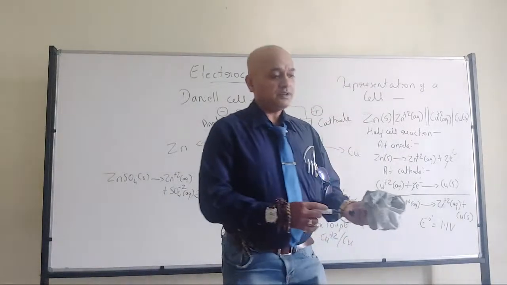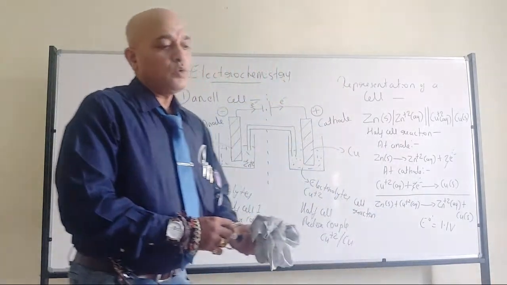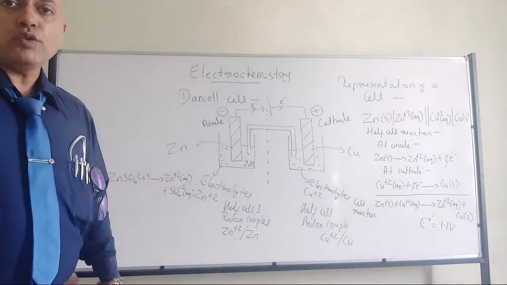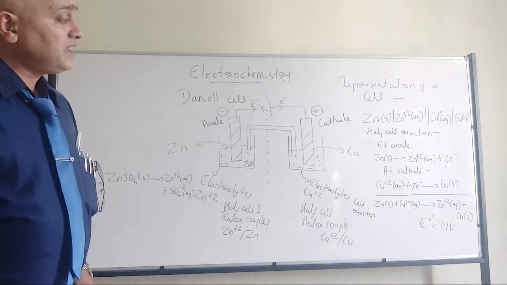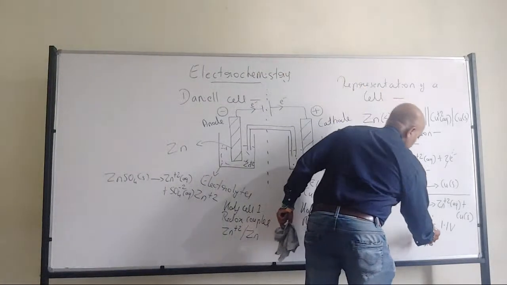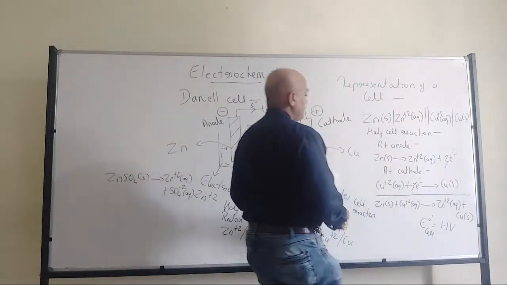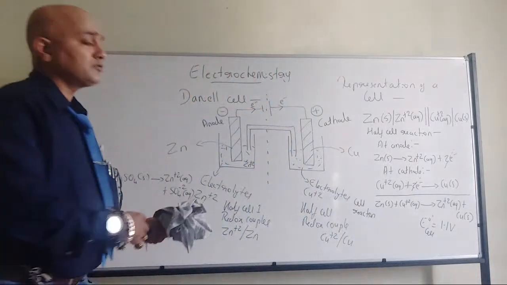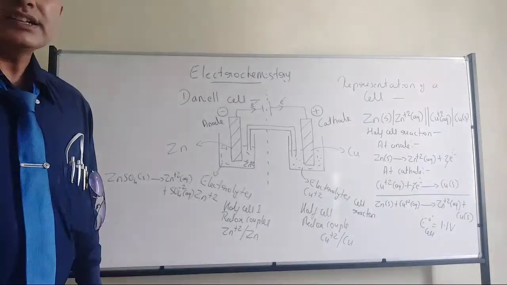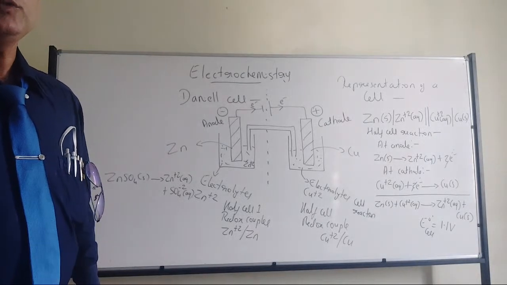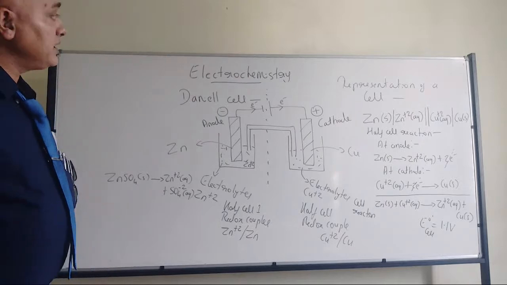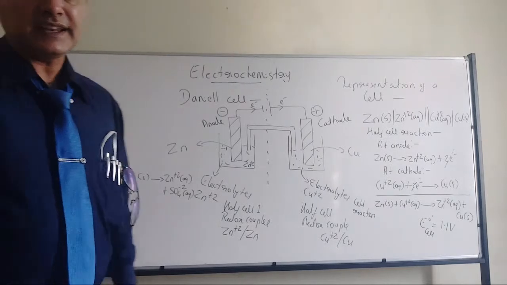That means whenever zinc donates the electron to the copper ion, there will be generation of 1.1 volt. That is what happens in the Daniell cell.